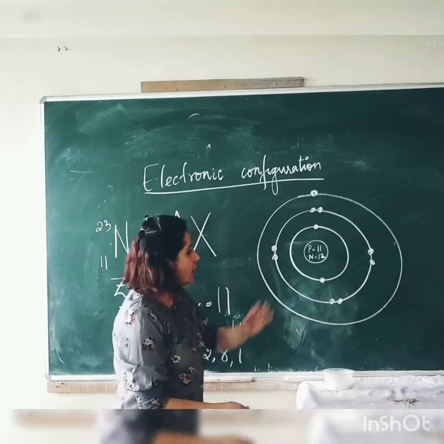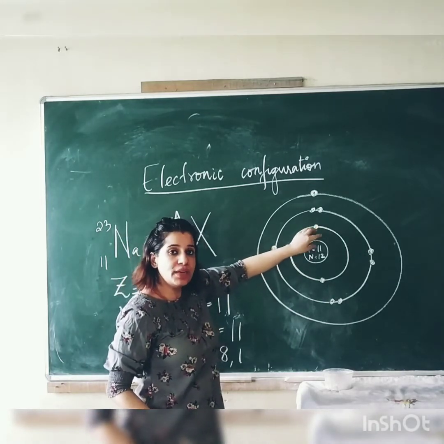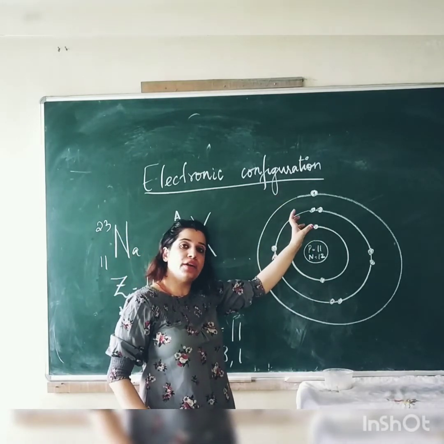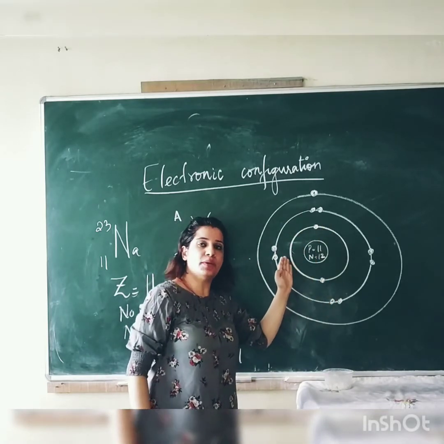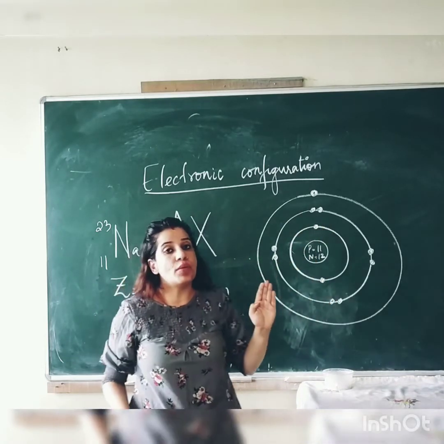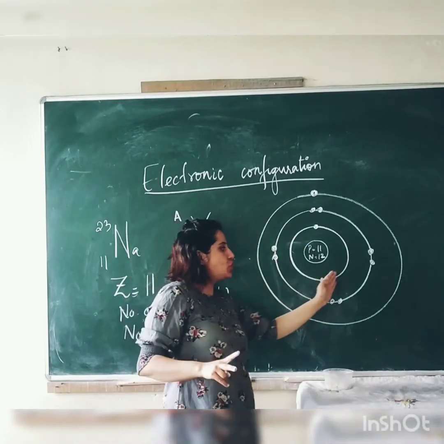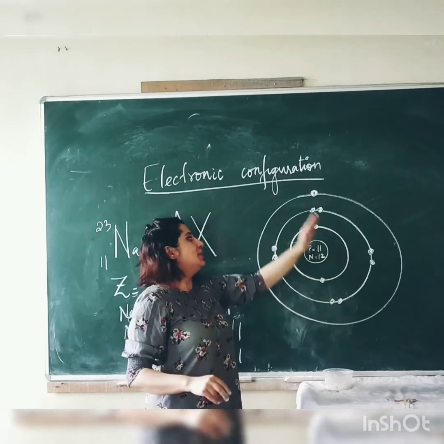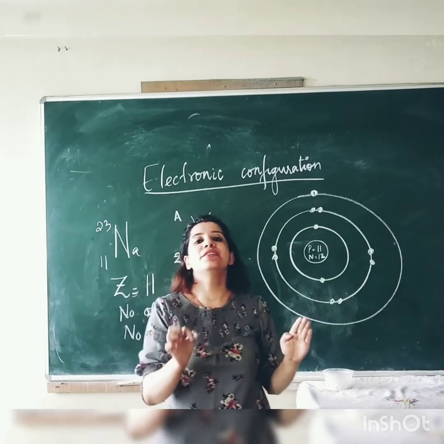Now see, you cannot jump. You can't just fill in 1 electron in the first orbit and then jump to the next orbit. So first you have to fill in the first orbit, and the first orbit can hold a maximum of 2 electrons. So first you put 2 in the first orbit, then you go to the next orbit. The next orbit also you have to fill first.